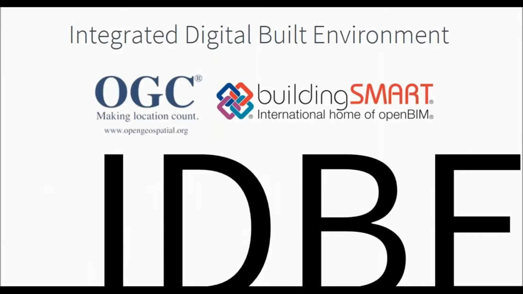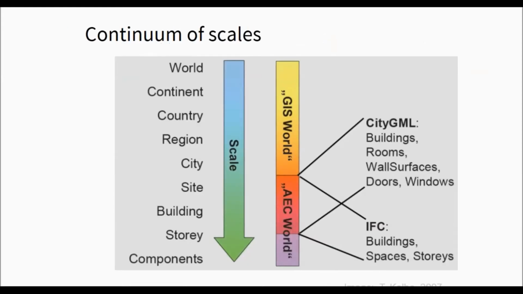In this area, two standards organizations, the Open Geospatial Consortium, which I've talked about, as well as Building Smart International, which is a standard organization looking after Open BIM building information models, have recently created a joint working group called the Integrated Digital Built Environment. And what we try to do in this working group is bring these two worlds of geospatial and BIM closer together in order to achieve better interoperability and integration of data.